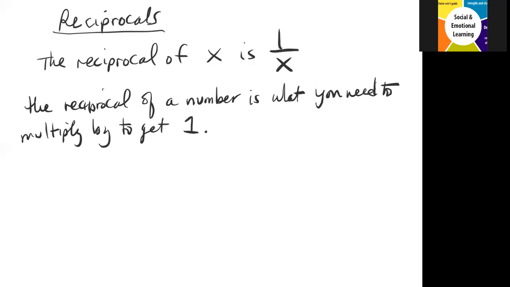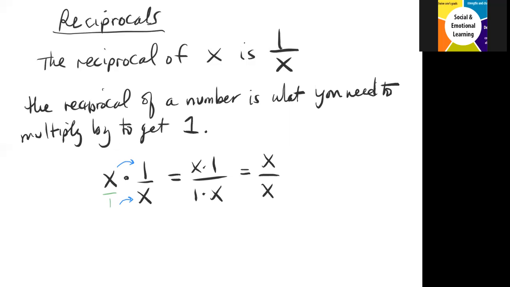So if we have a number and we multiply it by its reciprocal, if we remember our fraction rules, this is like saying I have x over 1 times 1 over x. And when I'm multiplying fractions, I'm going to multiply the numerators and the denominators to give us x times 1 on top, and 1 times x on the bottom. This is going to give me x over x, and anything over itself is just equal to 1.